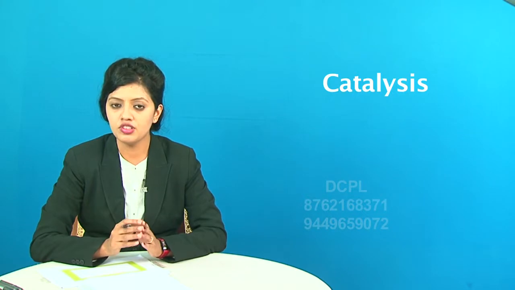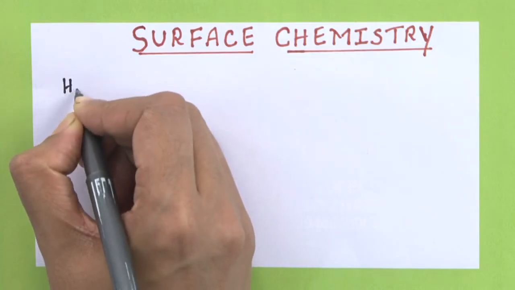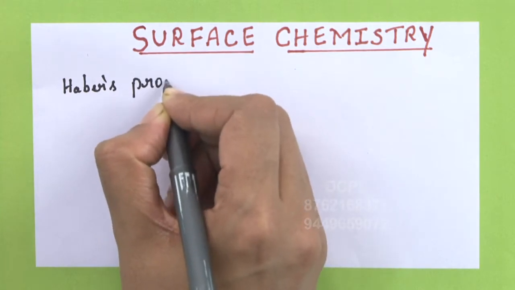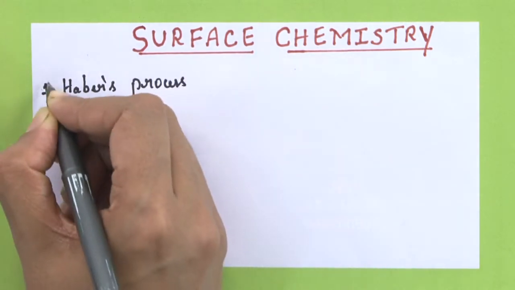For example, the first catalytic reaction is in the manufacture of Haber's process. So, Haber process is used to manufacture ammonia, and the step reaction involved is Haber's process, the first one.